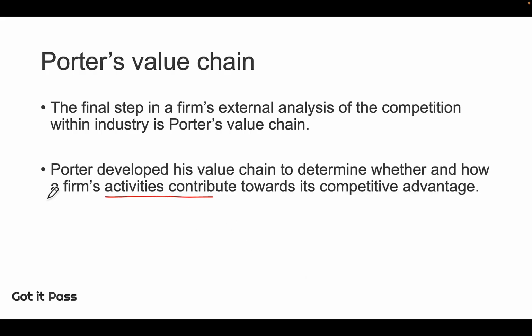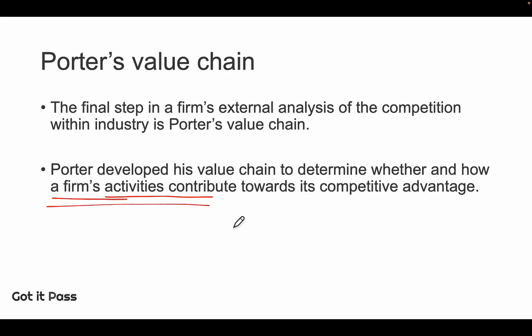So here we talk about a firm's activities, the firm itself. The 5 forces is about the competition environment, the market, your customers, your suppliers, any substitutes for your products, new entrants, whether there are barriers to new entrants, and the rivalry and industry environment.